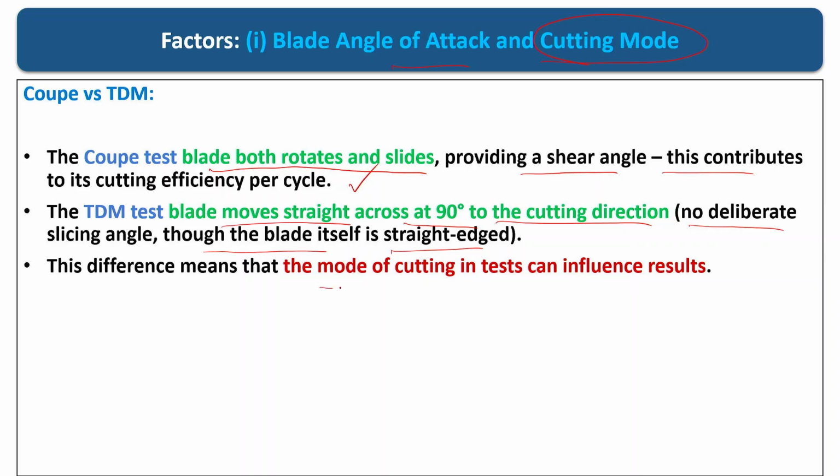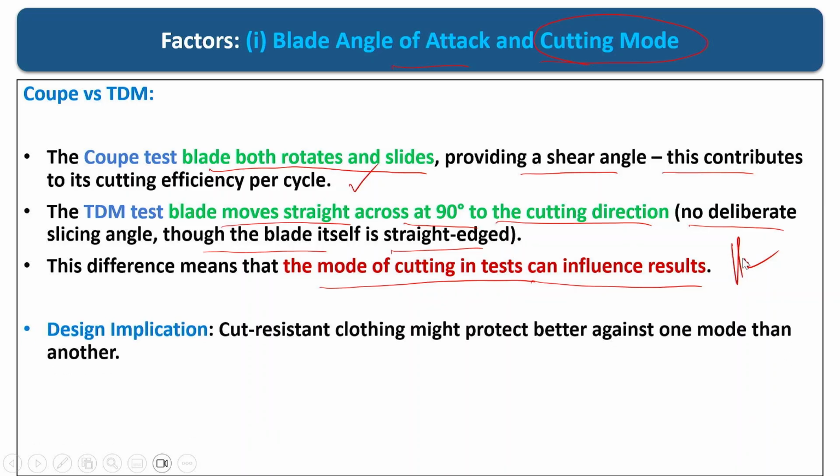This difference means the mode of cutting in the test can influence the result. That is why we have to specify which method is used to cut in the test. Although their test methods are different, their interpretations are different, and the design implications are that a cut resistant cloth might protect better against one mode than another.